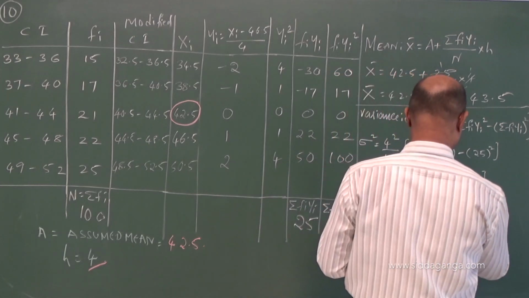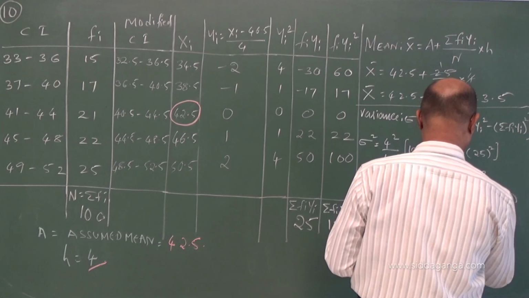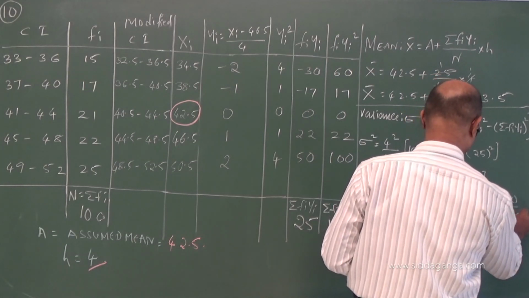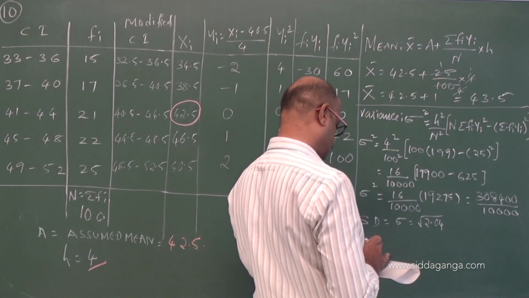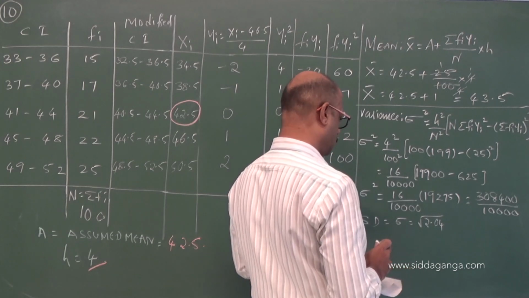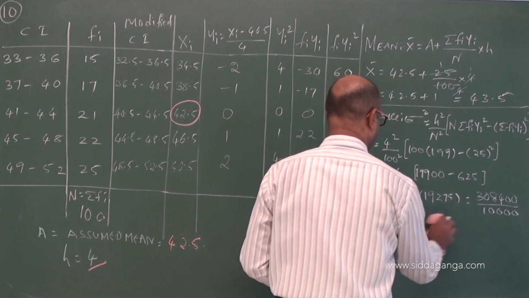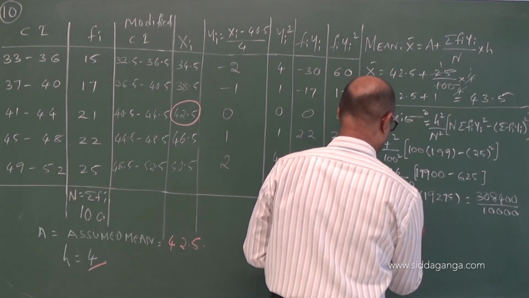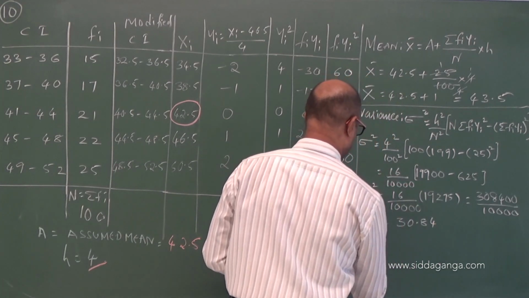You will get 308,400 divided by 10,000. You will get 30.84, sigma square.